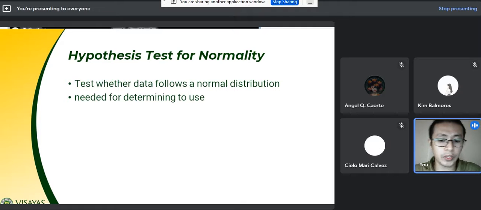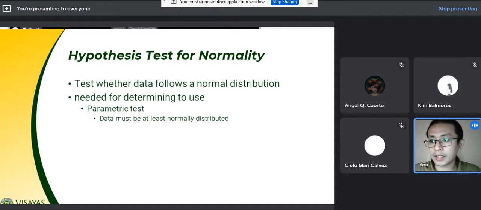We need to check first whether our data follows a normal distribution or not, because we cannot just use a parametric test unless one or all of its criteria have been satisfied. And one of these criteria is that your data must be normally distributed. So that's one prerequisite for a parametric test: data must be at least normally distributed.